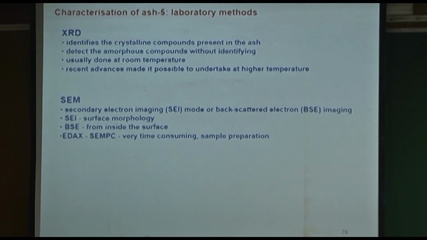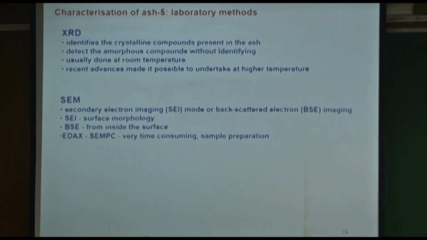The secondary electron image, depending on the sample preparation, only gives you the information from the surface. Backscattered image gives you from the bottom. So it essentially tells you what's gone in, because it is giving you the scattered electrons coming from the other end of the sample.